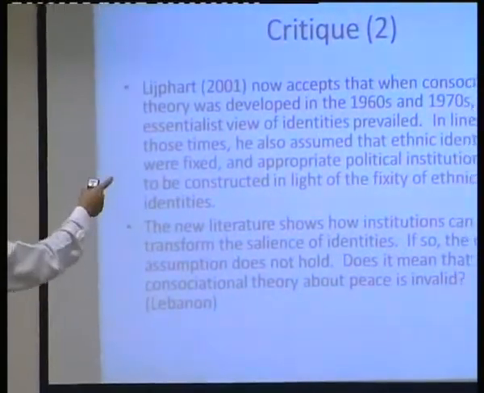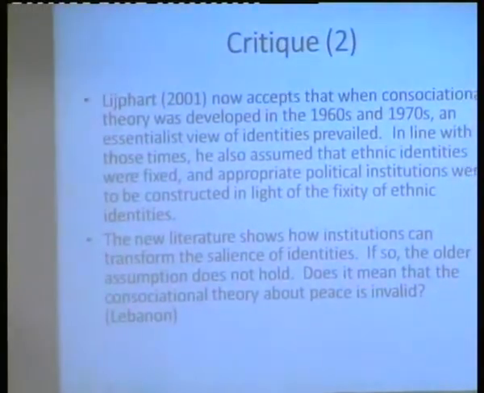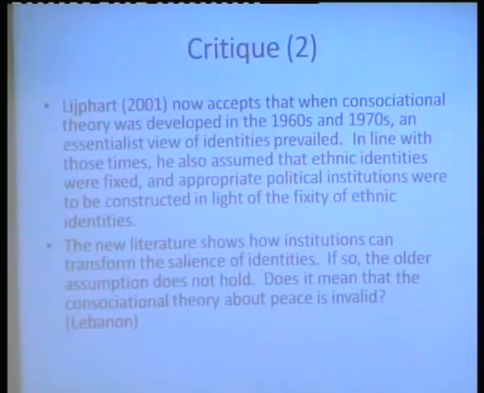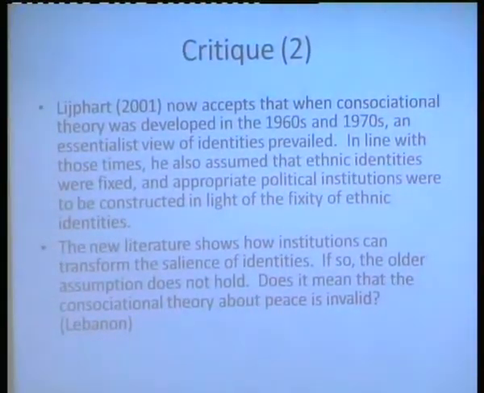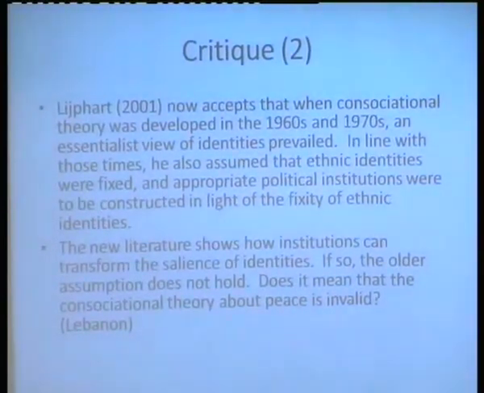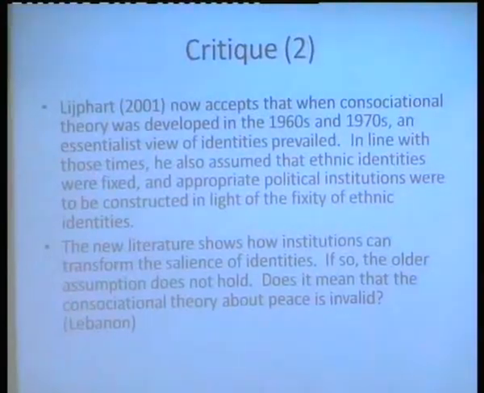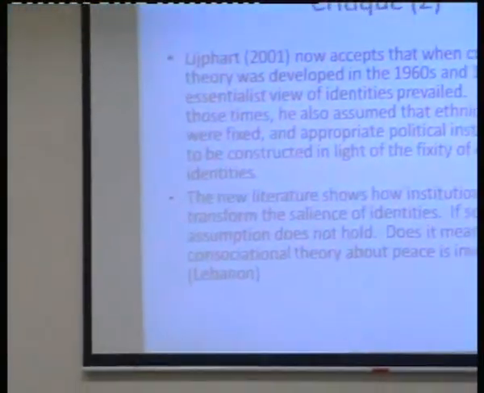That's why you're shaking your head. In line with those times, he also assumed that ethnic identities were fixed and appropriate political institutions were to be constructed in light of the fixity of ethnic identities. The new literature shows how institutions can transform the salience of identities. If so, the older assumption does not hold. And here is a question for you. Does it mean that the consociational theory about peace is invalid?